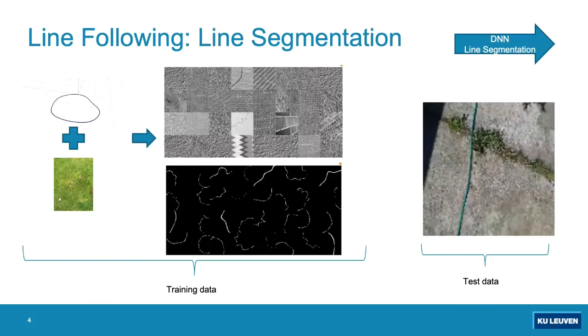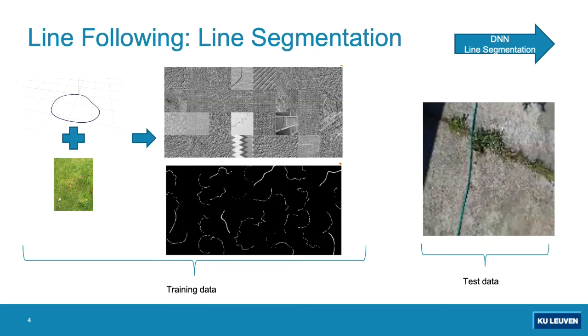Currently, what's the progress so far? I started with generating a big data set of lines in simulation where a drone automatically flies over a line, and the line is randomly generated.